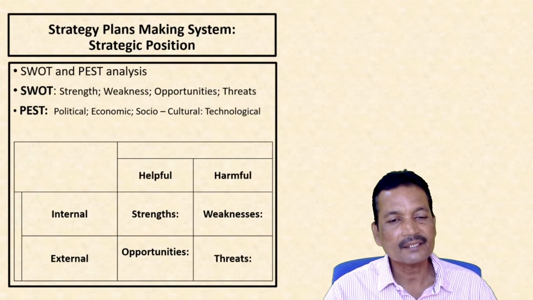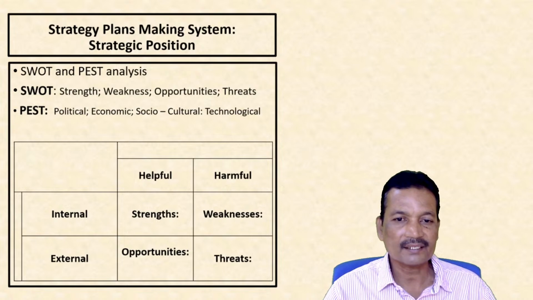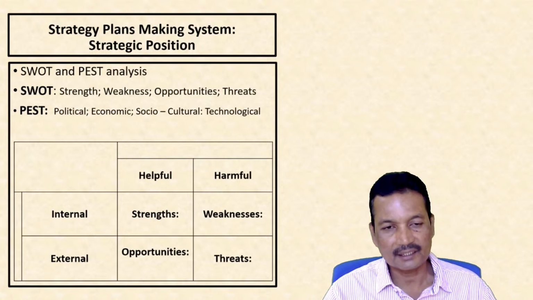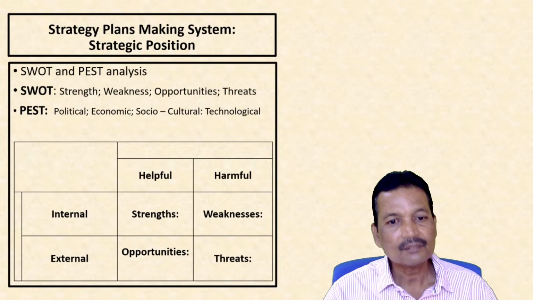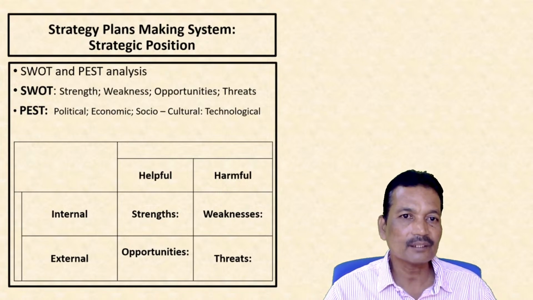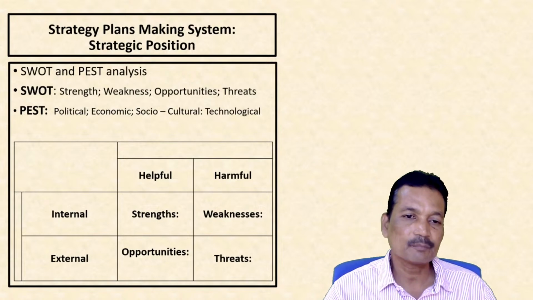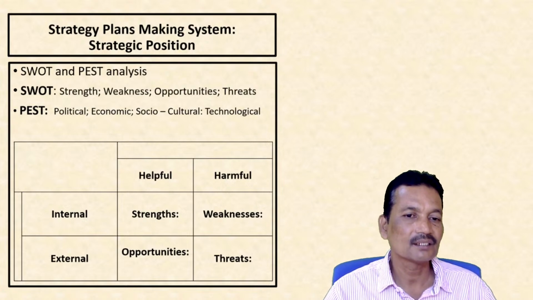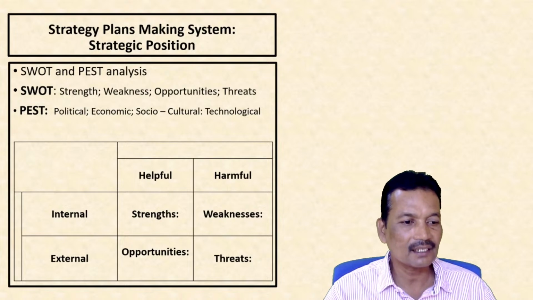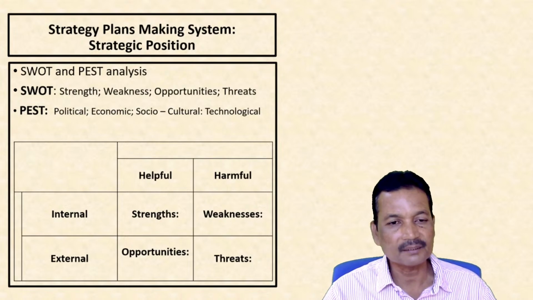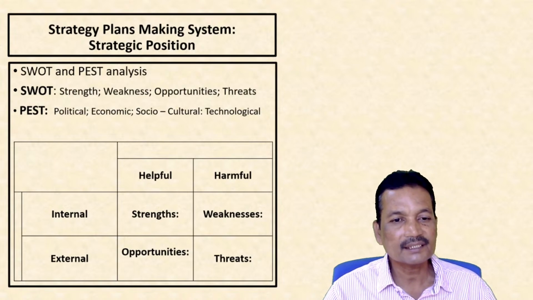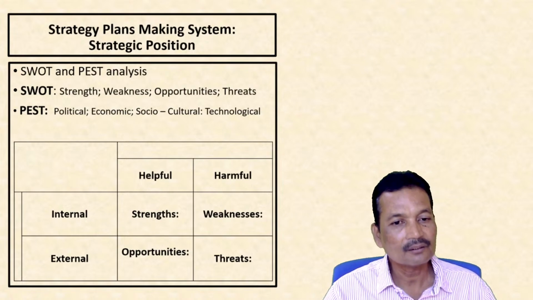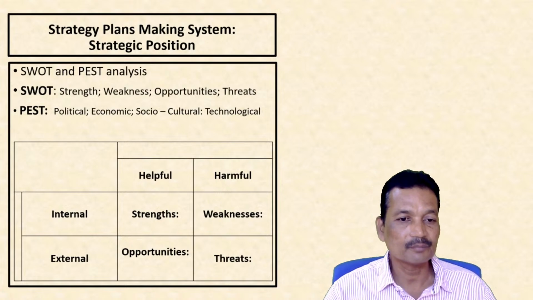Now we try to compare that with whether the factors are helpful or harmful for the organization. Now when we look at the combinations or we try to position ourselves in this particular arrangement or matching of the factors with how they are affecting the organizational direction towards objectives, the first grid we see is the internal factors. If they are helpful, then it is a strength of the company.